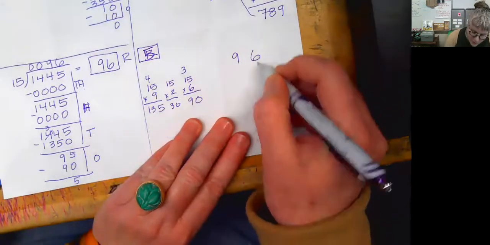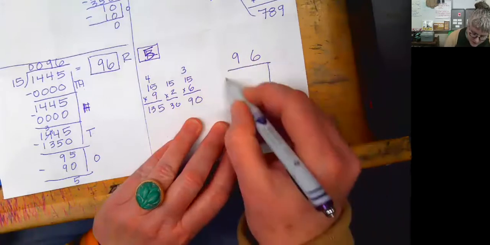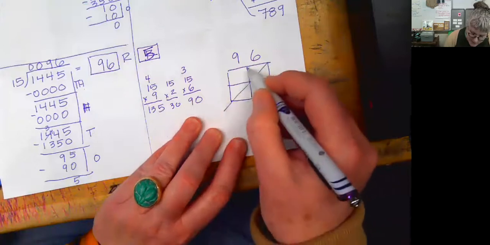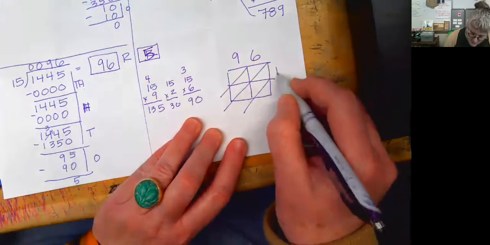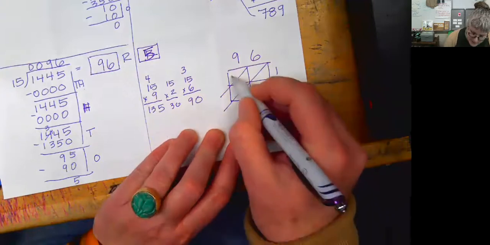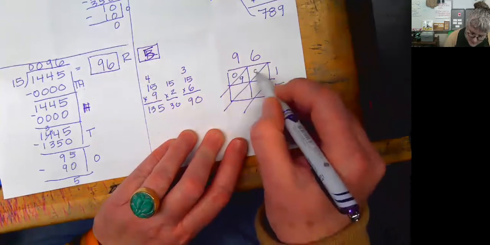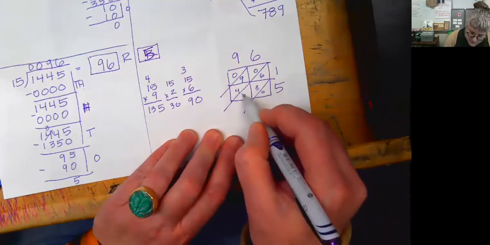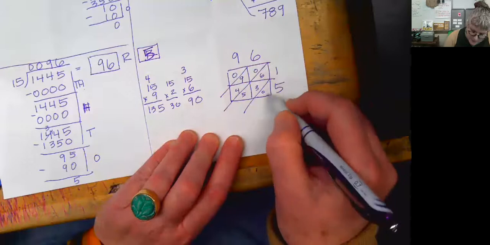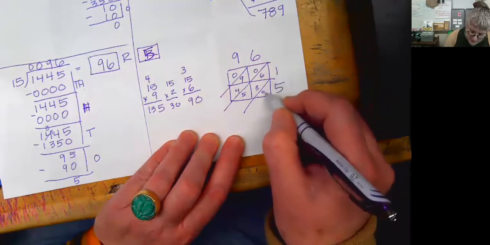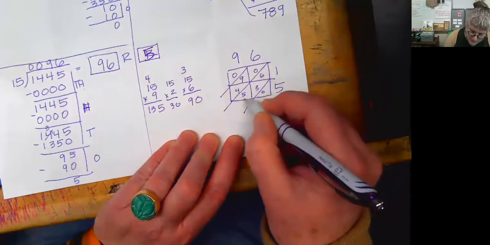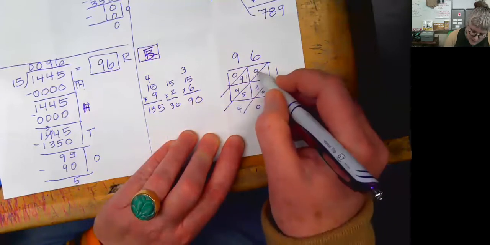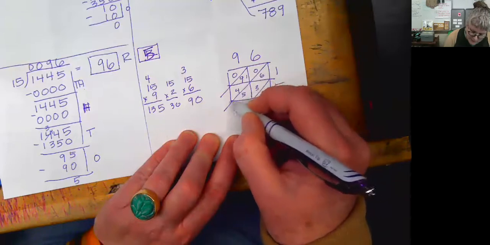Now, if you don't want to do double digit, you can think back to the days of lattice where we did this. And remember, you're not adding these in, but you're going to do 0, 5 plus 6 is 11, plus 3 is 14, 0 plus 9 plus 1 is 10, plus 4 is 14.